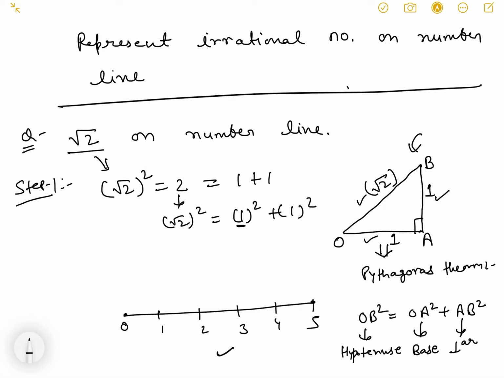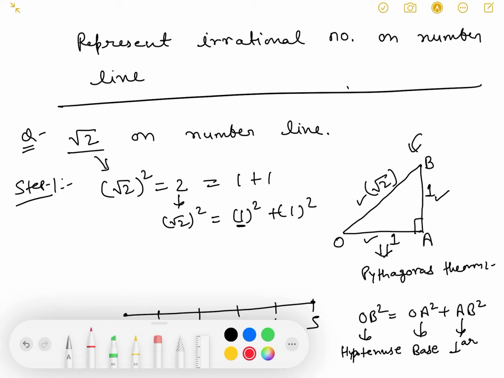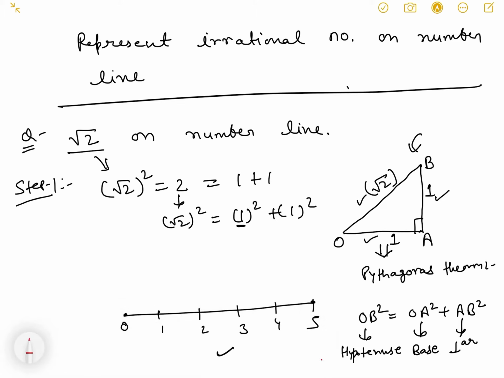Right. So I'm going to use another color for that. Suppose this point 0, I'm going to give a name O, and the distance of OA is 1.